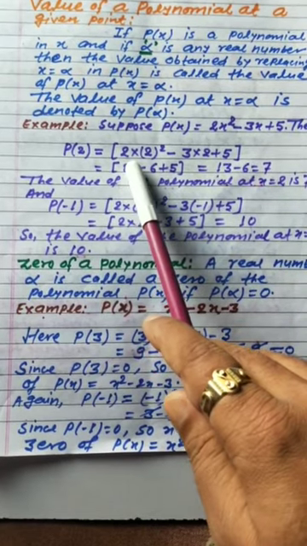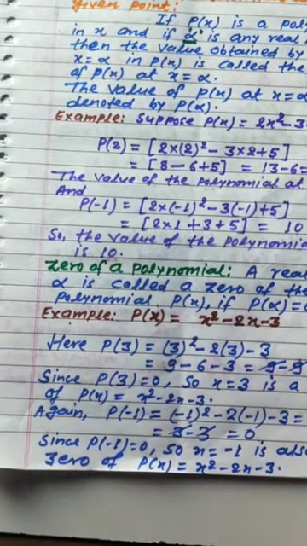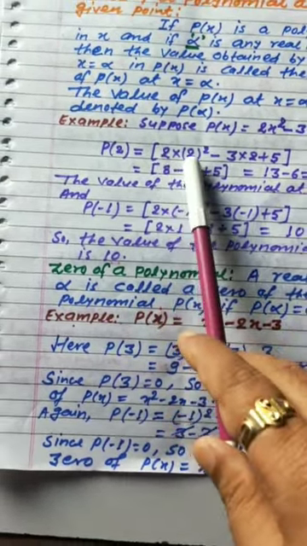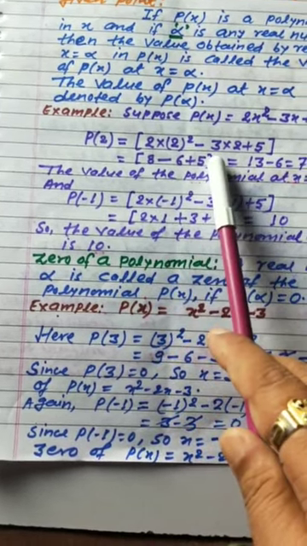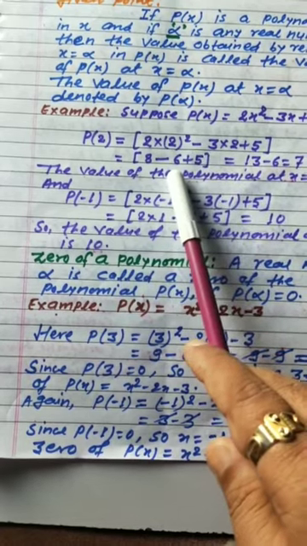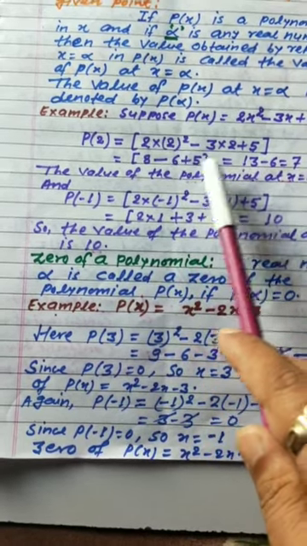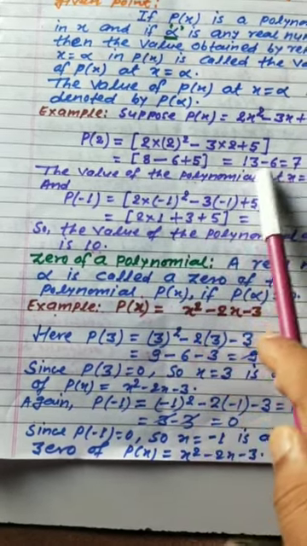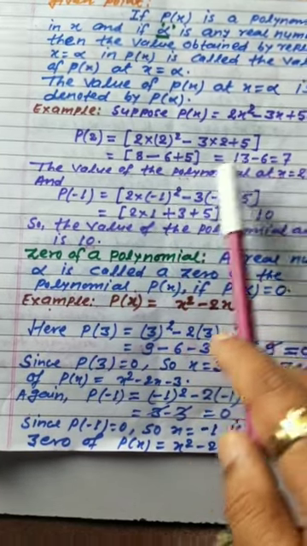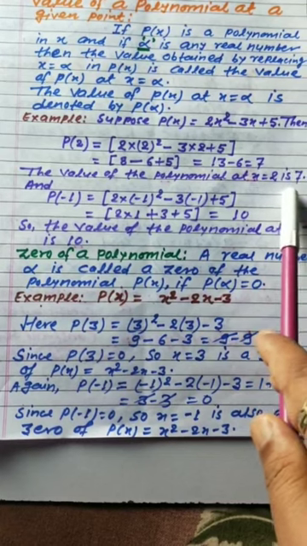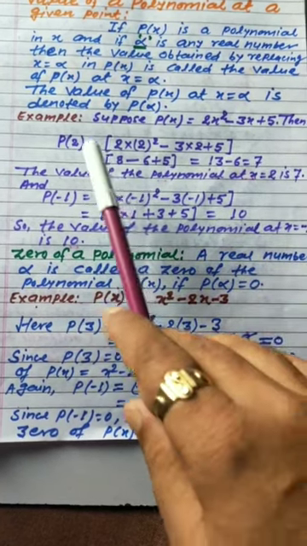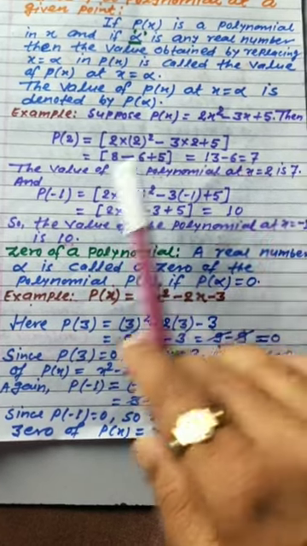So 2 multiplied by 4 is 8, minus 3 multiplied by 2 is 6, plus 5. That is 8 plus 5 is 13, minus 6 is equal to 7. So the value of the polynomial at x is equal to 2 is 7, or you can say p2 is equal to 7.